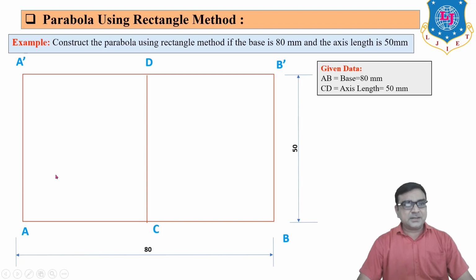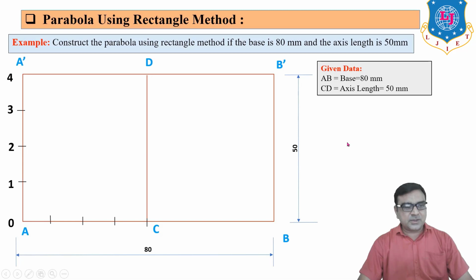Now in this method, first of all, we have to divide this AA dash line into n number of equal parts. Here I divide AA dash into 4 equal parts. And also the half of the base, AC, is divided into the same number of equal parts.